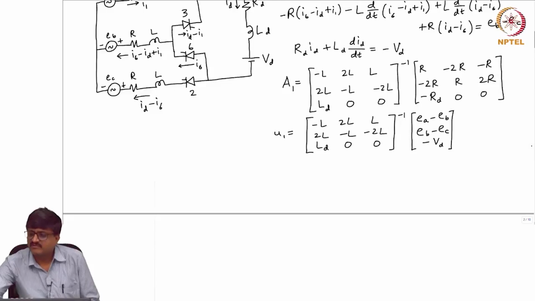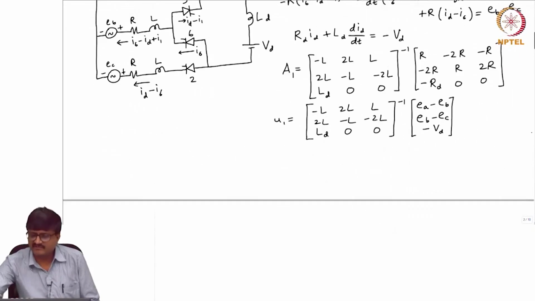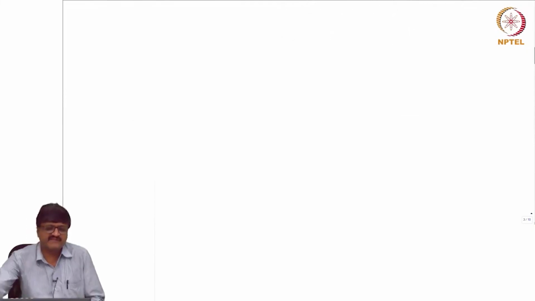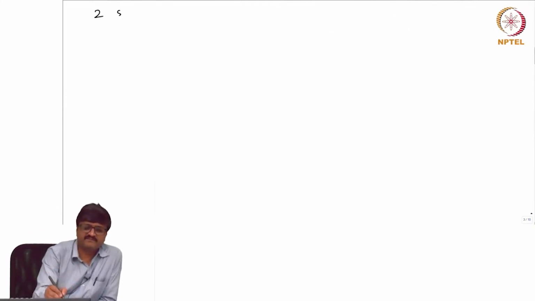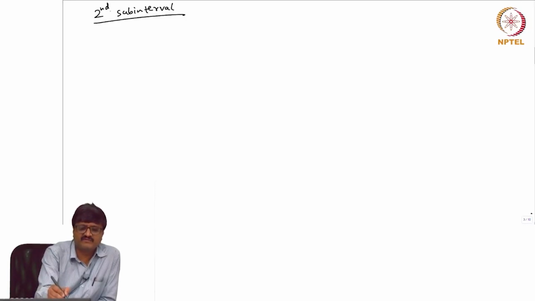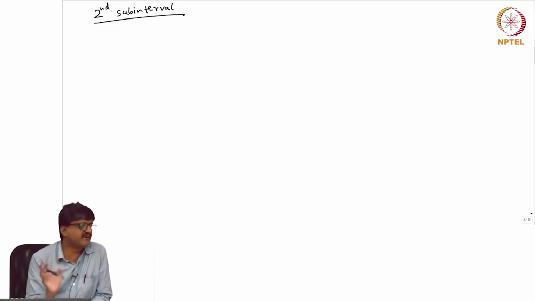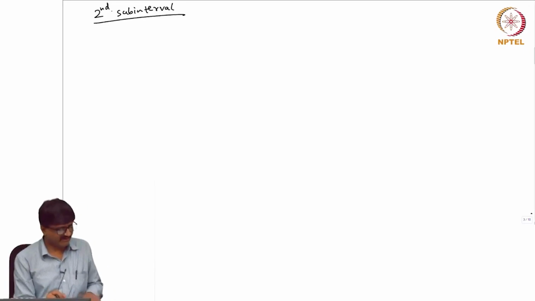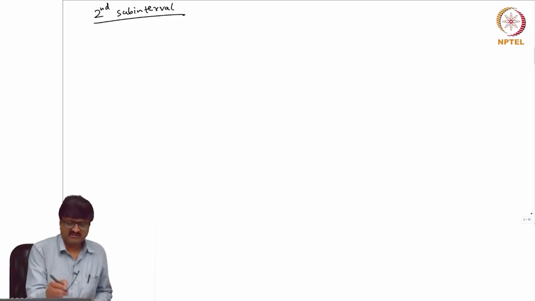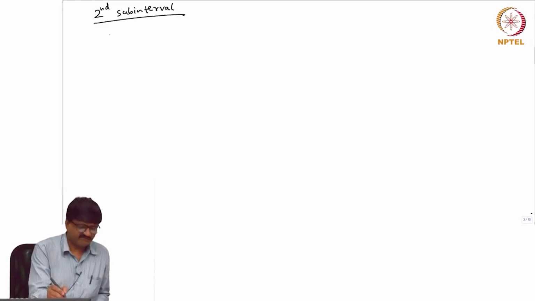Now, this is for the first subinterval. If I want the second subinterval, should I again try to get the equations or have I already got this? The second subinterval is nothing but the first subinterval of 2 and 3 valve conduction mode. So, x2 is already written. What is A2 and what is U2?